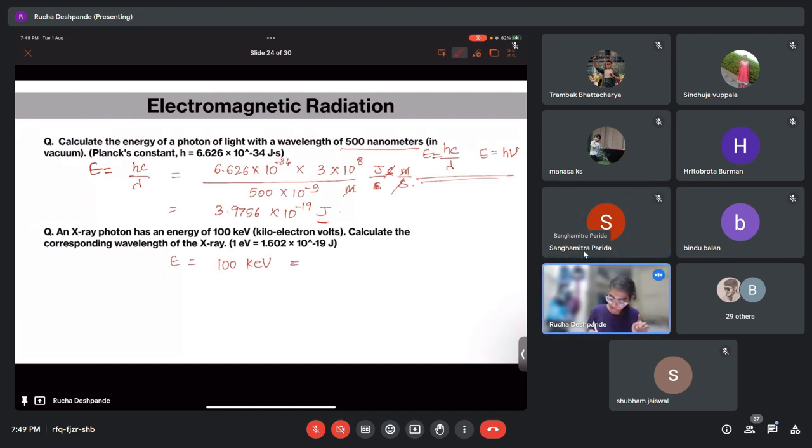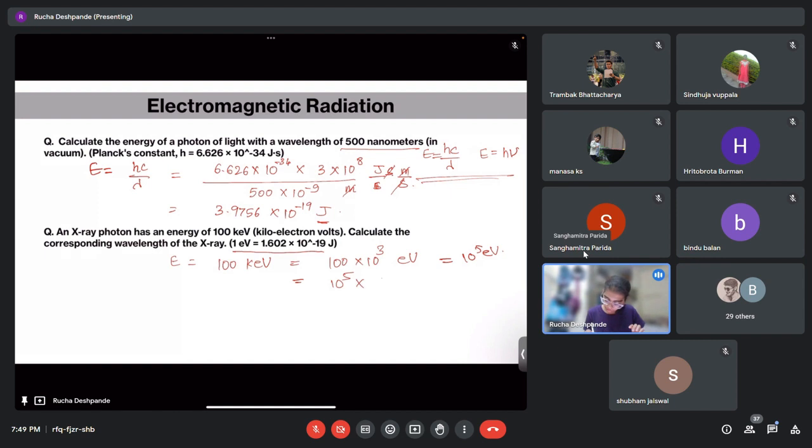So 100 into kilo, which is 10 to the power 3, gives 10 to the power 5 electron volts. Now we convert electron volts to joules using the given conversion: 10 to the power 5 into 1.602 into 10 to the power minus 19. So it will be this many joules.